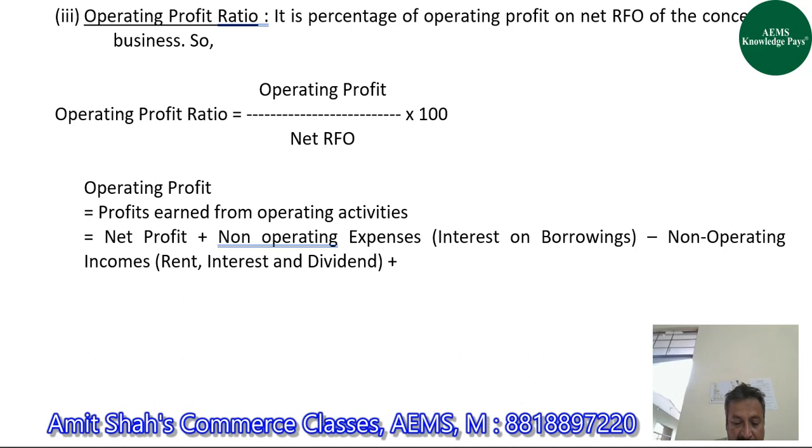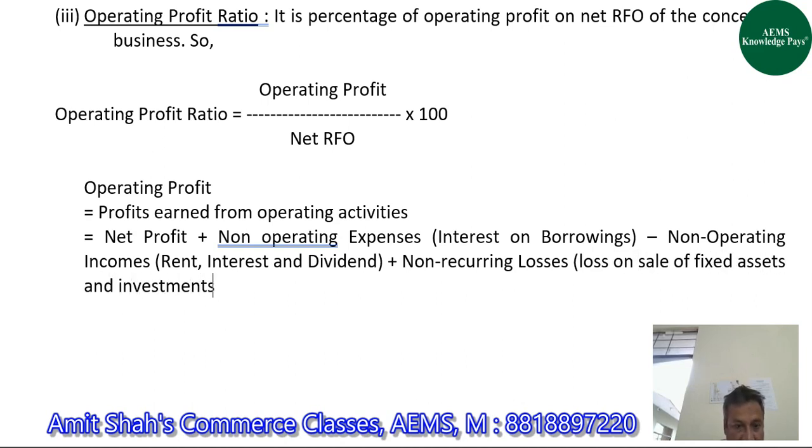We also add non-recurring losses, the losses which do not occur again and again, like loss on sale of fixed assets and investments. See, it is not our business operation to sell fixed assets and investments every year or every month. This happens once in a blue moon. Are you getting my point, guys?